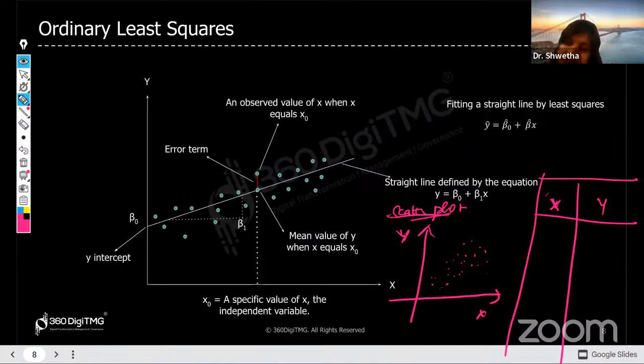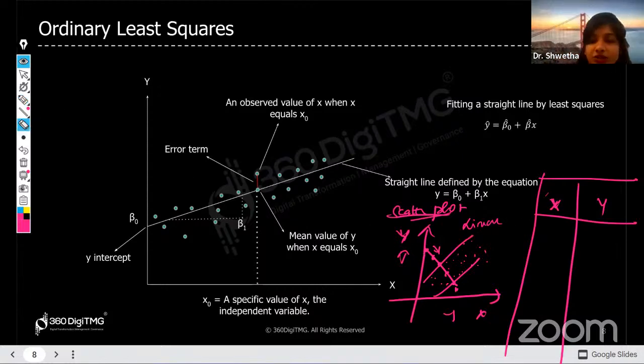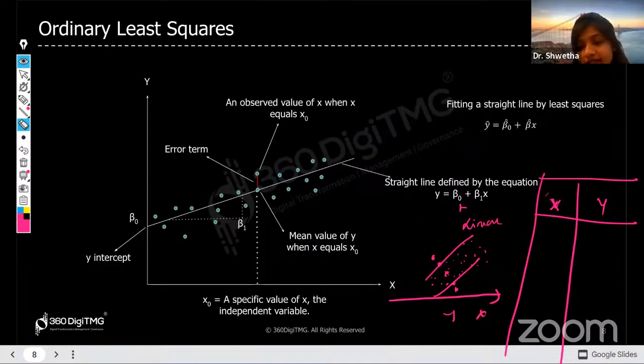If an increase in x is directly increasing y, or an increase in x is directly decreasing y, that is linearly decreasing it, then we can say there is a linear relationship between these two variables. Once we establish that linear relationship, we can go for the correlation coefficient also, as the scatter plot is subjective.